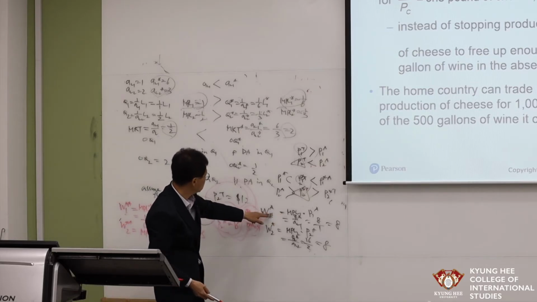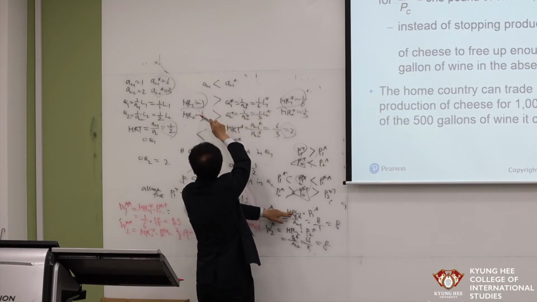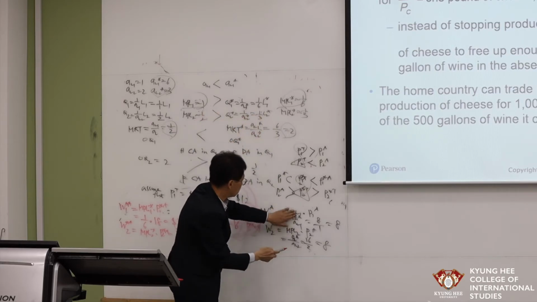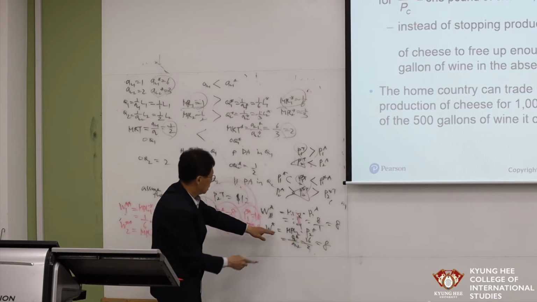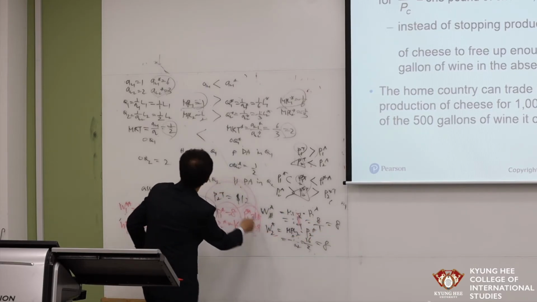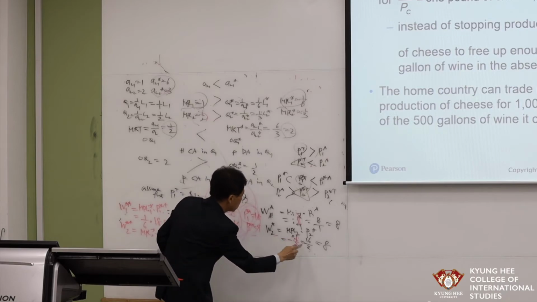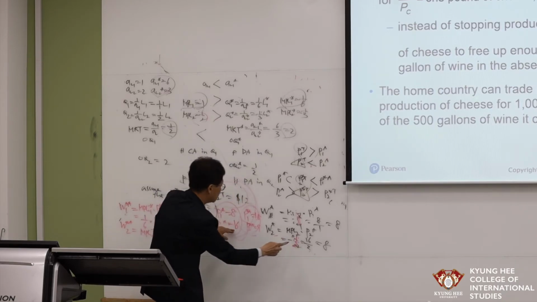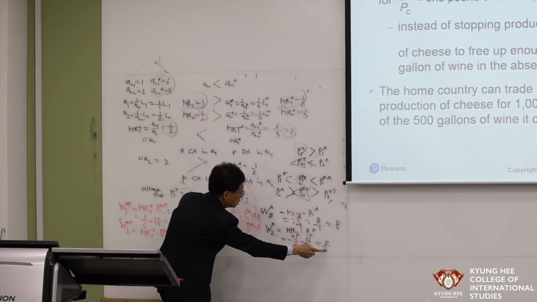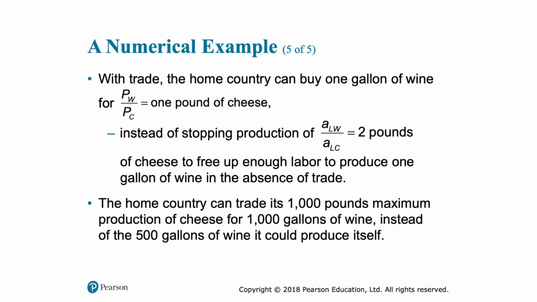In home, the wage rate in sector 1 is MPL1, which is 1, multiplied by P1, which is $8, so $8. MPL2 in home, as we already calculated, is a half multiplied by P2. P2 is 16, right? So $8. So we calculated like this.